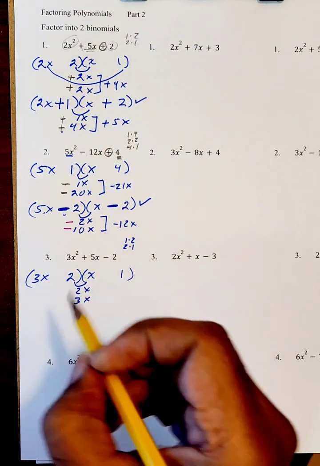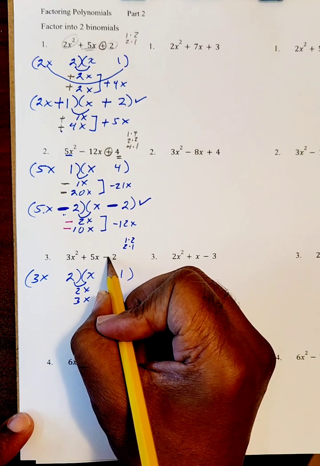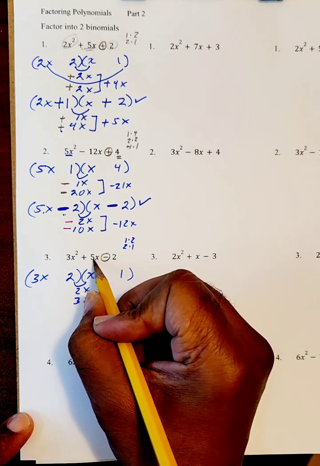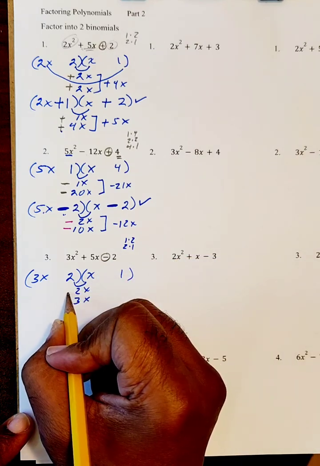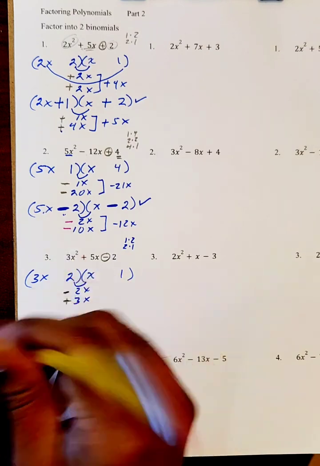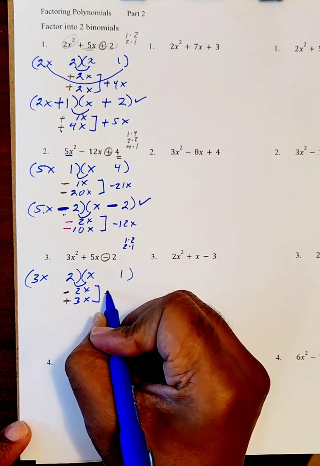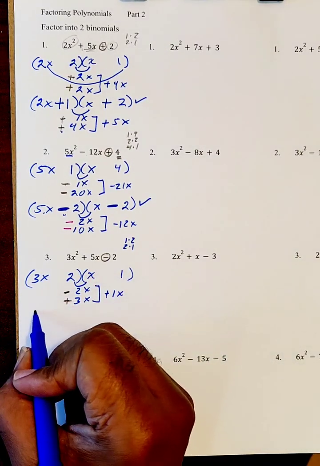And don't be fooled. It looks like we're going to get positive 5x, but remember, we need to use different signs to get a positive 5x. If I were to use different signs here, I would have a negative on the 2, and the bigger sign would be 3. I'll put a positive there. Now this produces a positive 1x, which doesn't match the 5x we need.